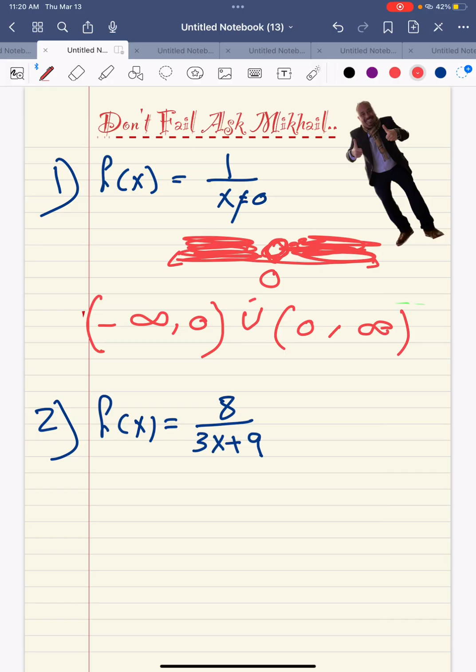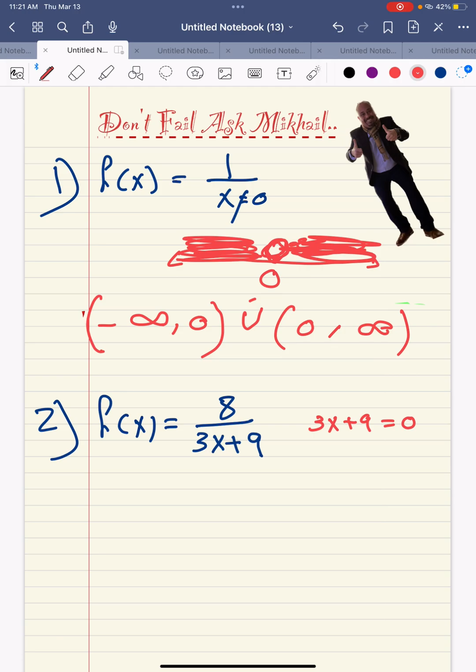Over here, what's at the bottom? I have to look for what value for x will make this entire thing 0. So I'm going to set this entire bottom, here is the key, you set the bottom equal to 0 to solve for x, that will make the bottom equal to 0. So I'm going to make the 3x, which is the denominator, plus 9, equal to 0.